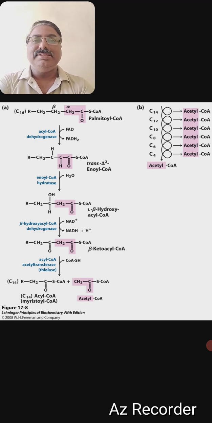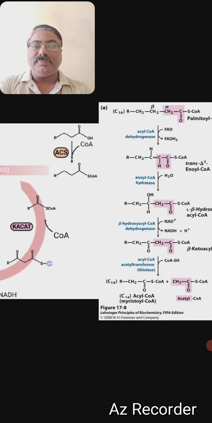What happens with acetyl CoA? Acetyl CoA enters the TCA cycle, and from that ATP molecules can be synthesized. NADH and FADH2 enter the electron transport chain, and ATP molecules can be synthesized.